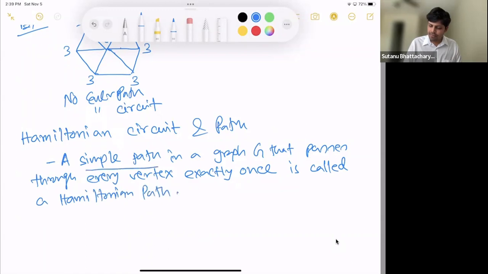So this is a simple path which covers every vertex exactly once. In Euler path, it was every edge exactly once.